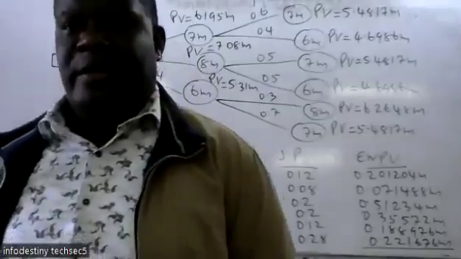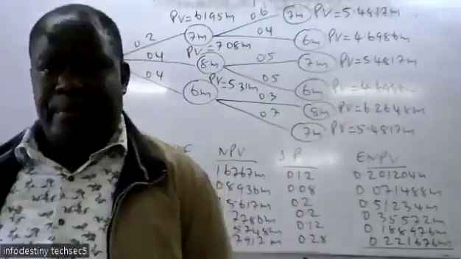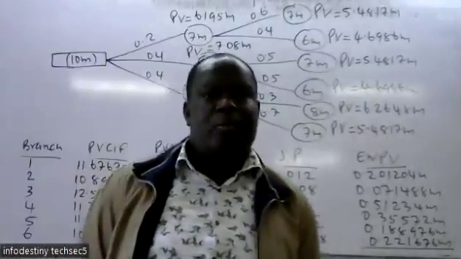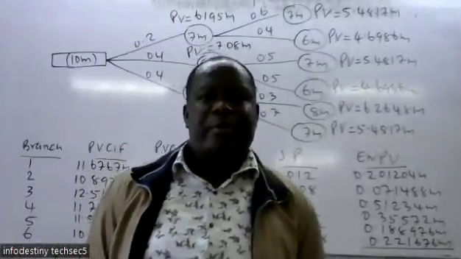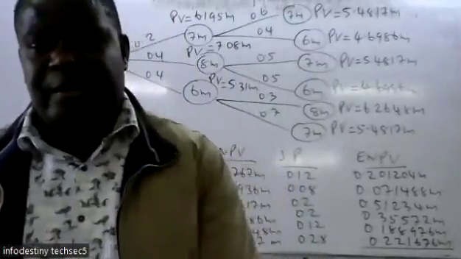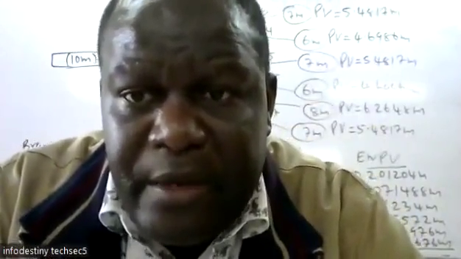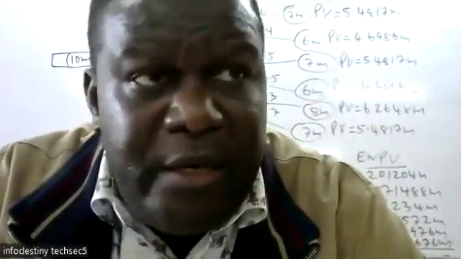Then we continue by writing that the optimal abandonment period is where the NPV is maximum, and then it starts declining.